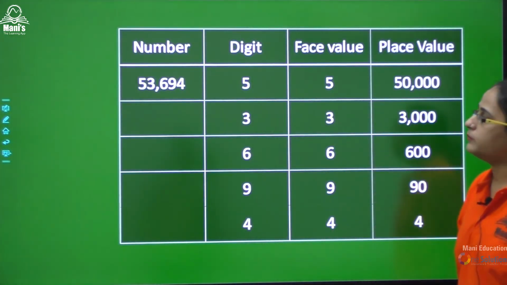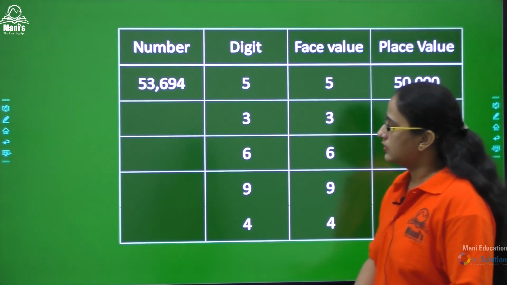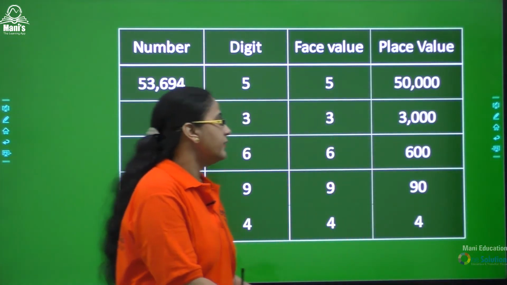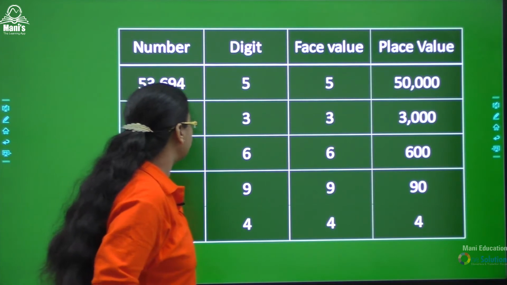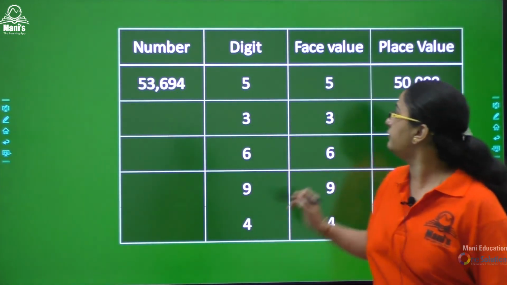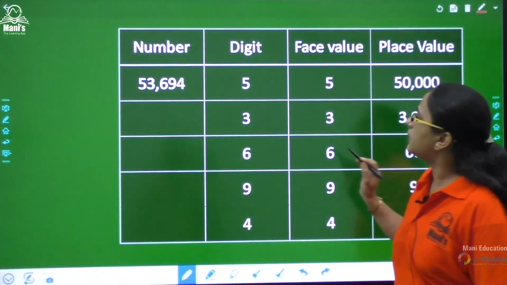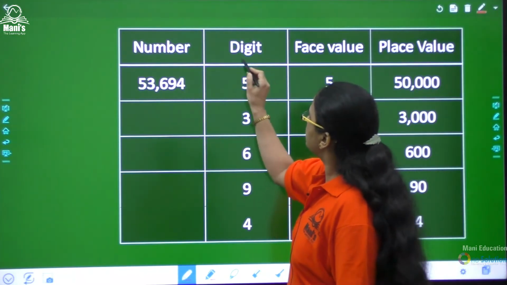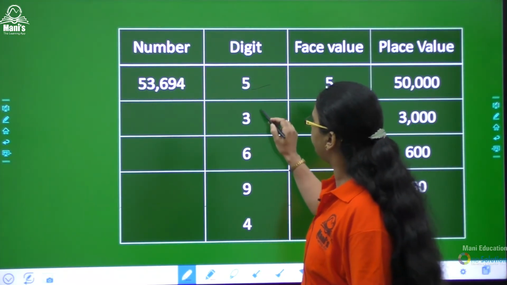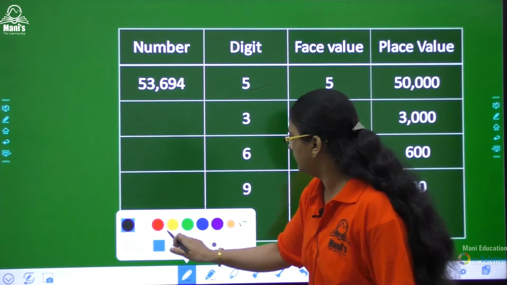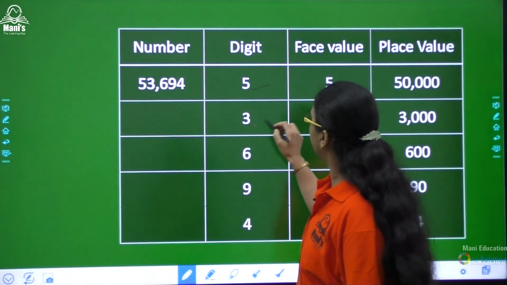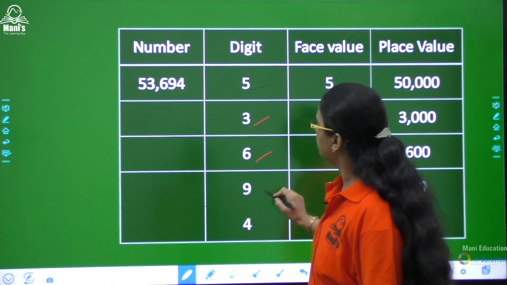Now with the help of one more example I am explaining you. There is a number given to you, that is 53,694. As we will discuss about this number, the digits are 5, 3, 6, 9 and 4.